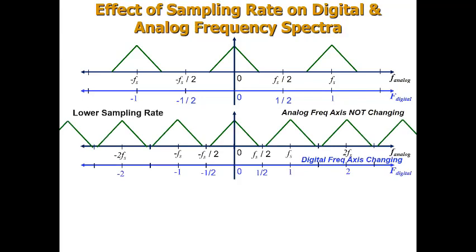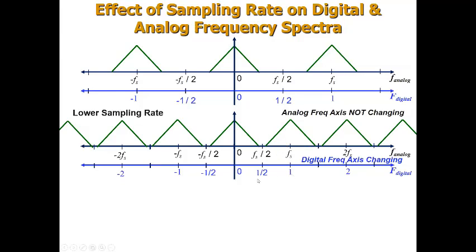If we choose a lower sampling rate, then the spectral copies, if we look at it on an analog frequency axis, which is what we've been doing, we shift down where our spectral copies occur. They still have the same widths to them, they're just closer together.